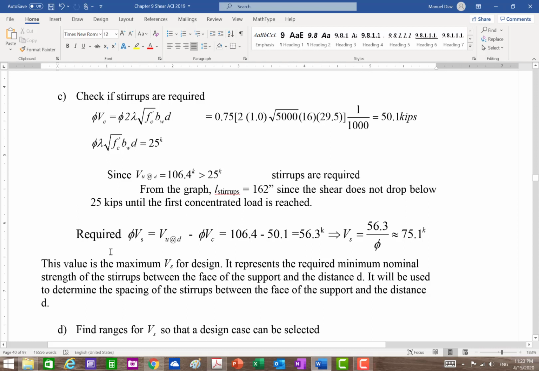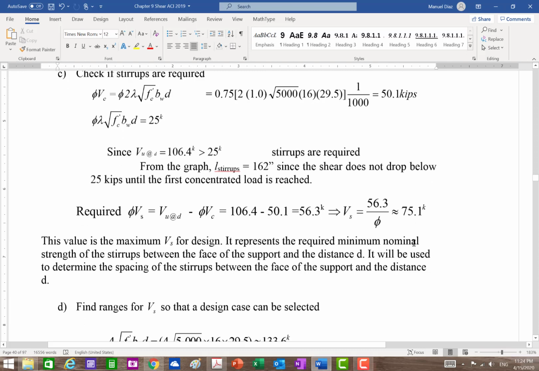All right. My required phi V sub s is my Vu at d that I found, minus what the concrete can provide. The rest has to be provided by the stirrups. So we do the subtraction and I get my number. Because most of the formulas in the ACI code are a function of V sub s and not phi V sub s, we're going to remove the phi factor and divide by 0.75, and that gives me 75.1.